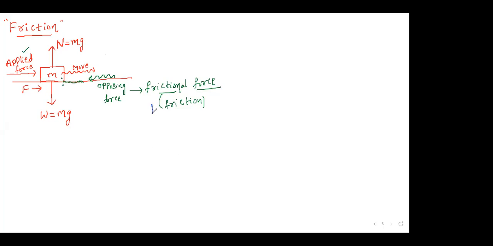Also remember, this frictional force depends on the nature of the surface.